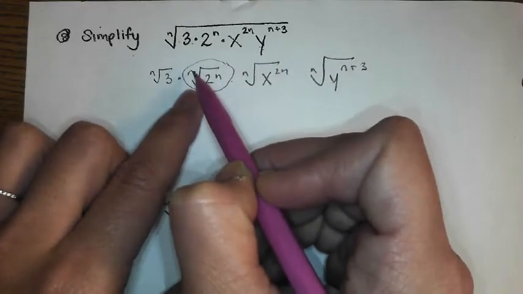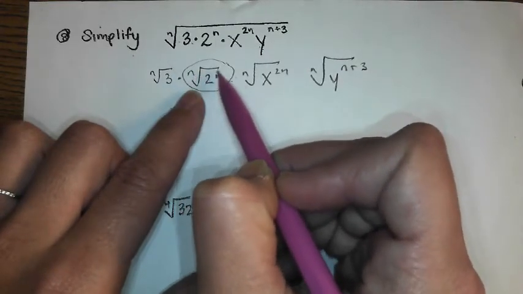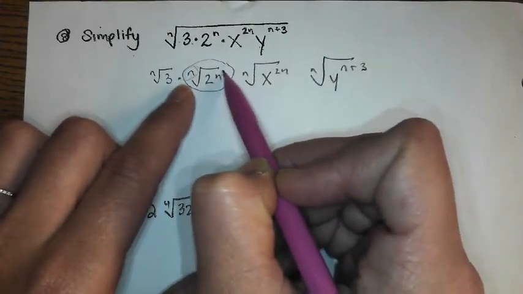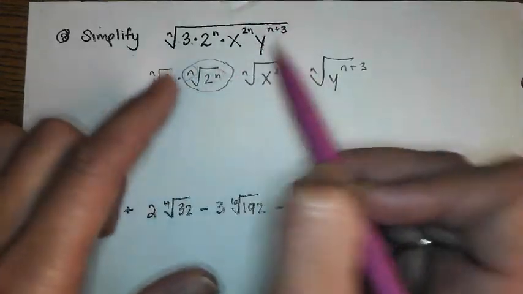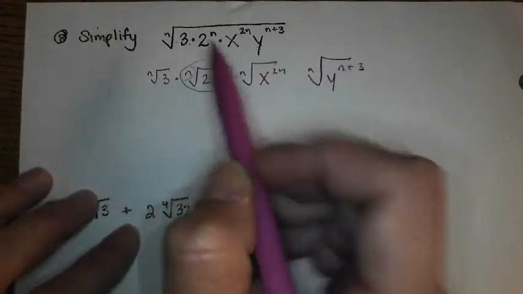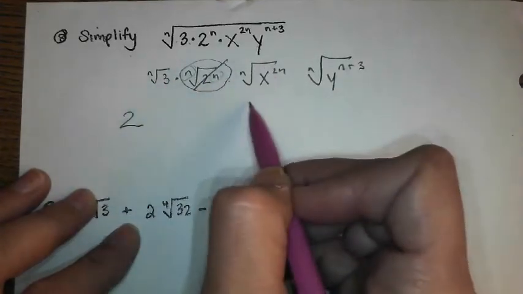If it was the square root of 2 squared, if it was the third root of 2 to the third, right? We want the root number to match the exponent so that it can divide out and then just be what it is. So the nth root of 2 to the n is 2. Can't do anything with this one yet.